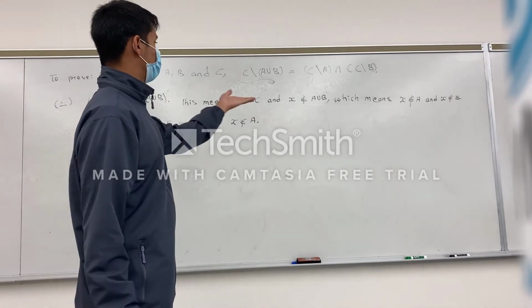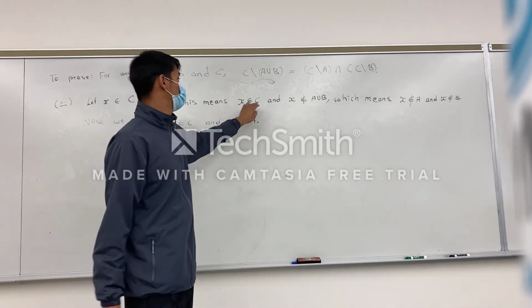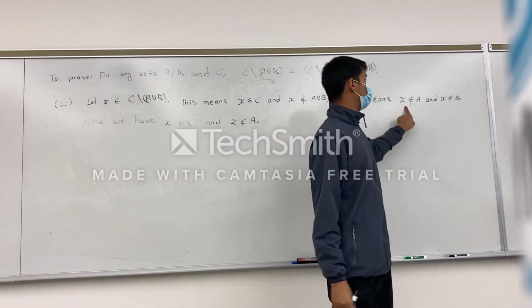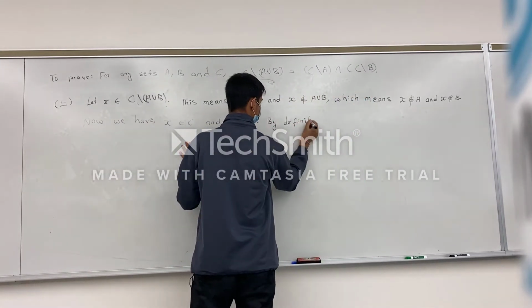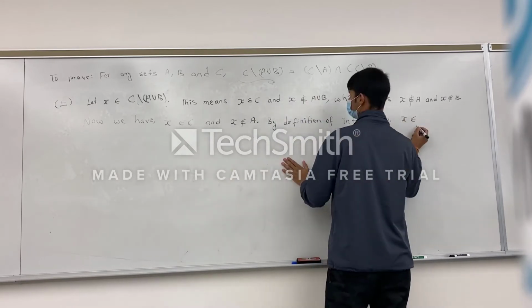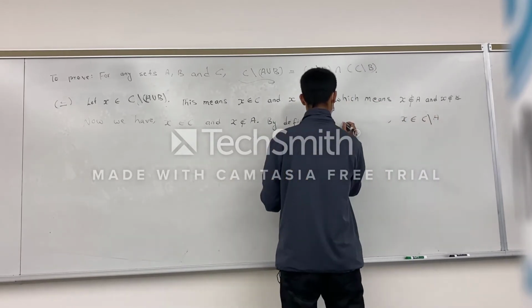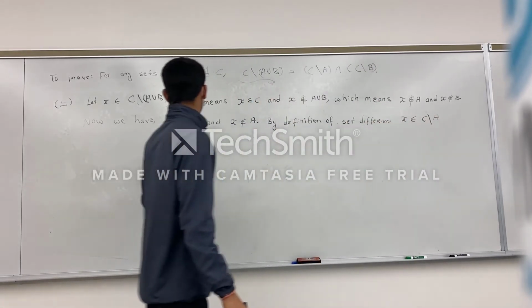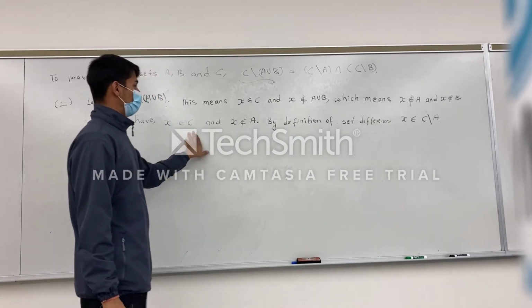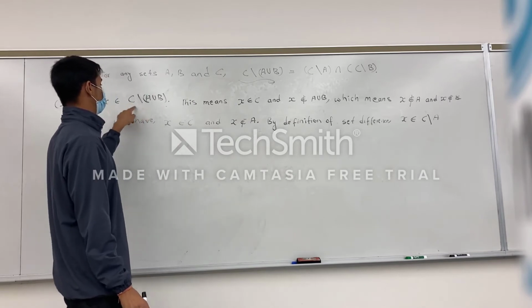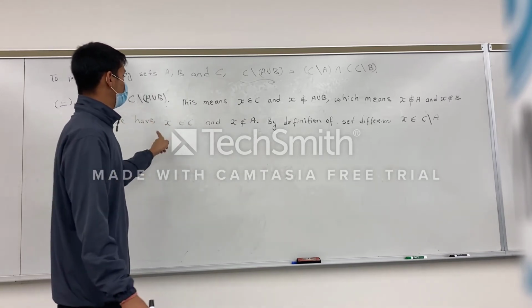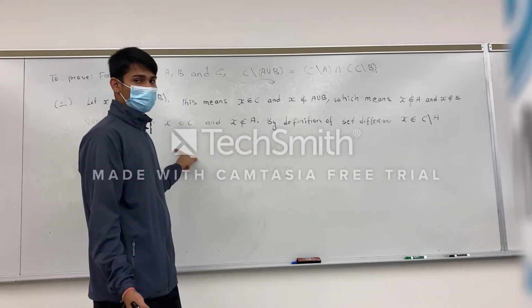Now from this above sentence, we can see that X belongs to C and X does not belong to A. Let's group that together. Since we have X belongs to C and X does not belong to A, just like we talked about the set difference of C and A union B, this is also a definition of set difference.